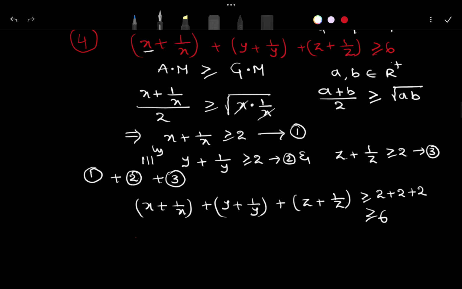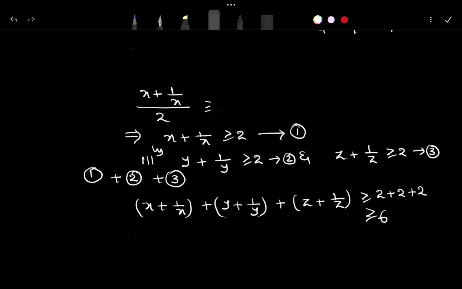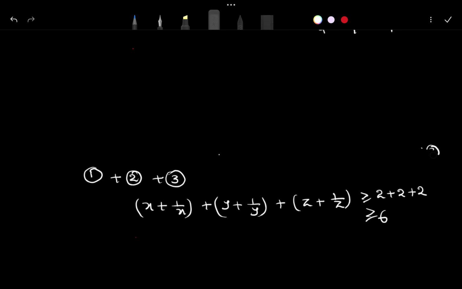Next we will check option 3. Okay, first everyone copy this value. See, what is option 4?